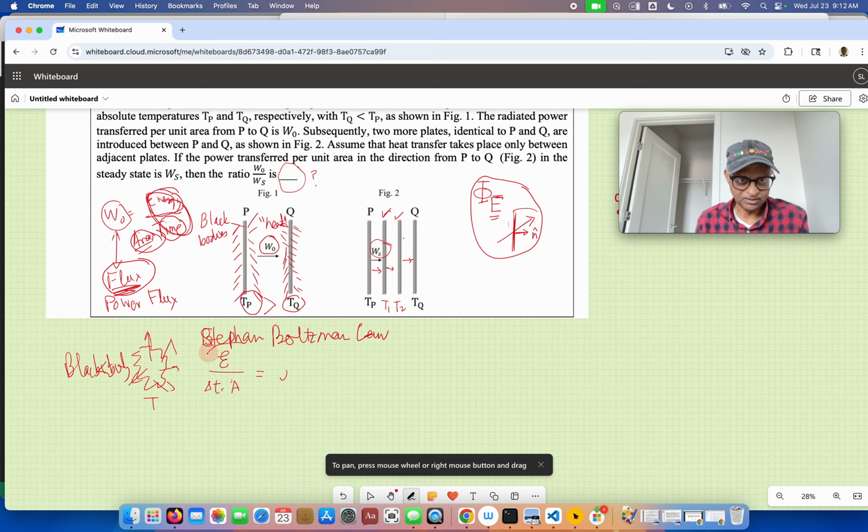On average, this is sigma, the Stefan-Boltzmann constant, times T to the power 4, and this T is in degrees Kelvin.